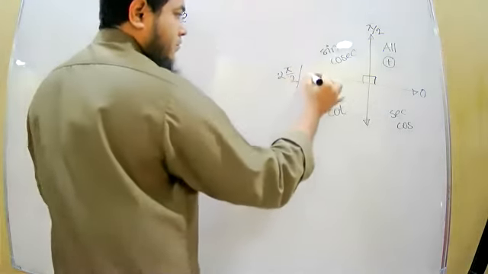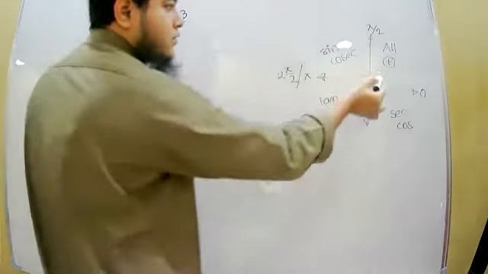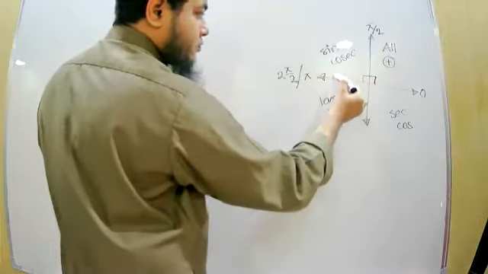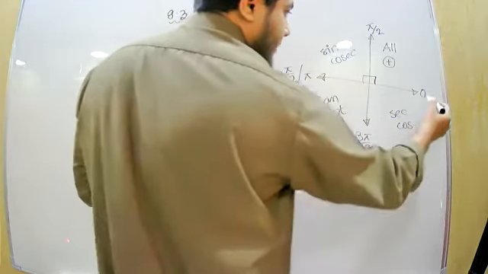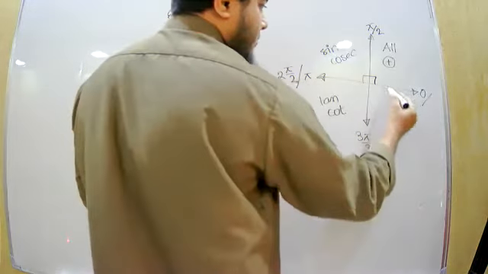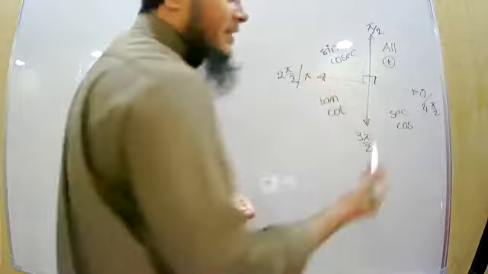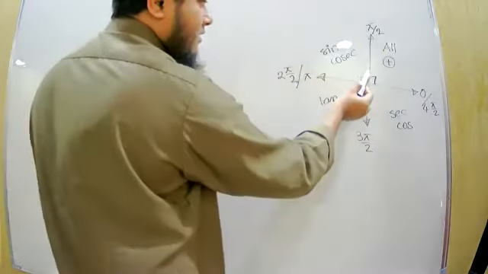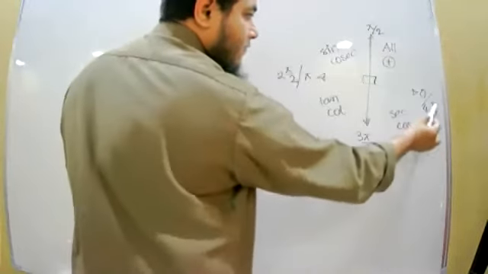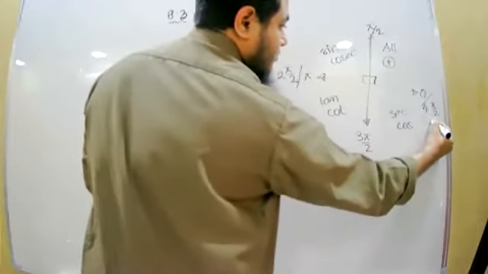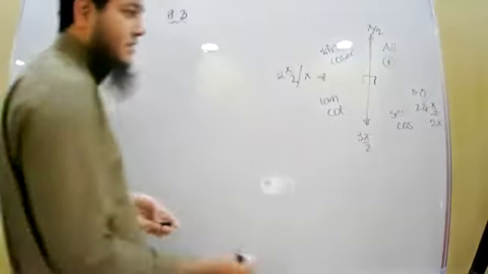Now 2 pi by 2 can be written as pi only because the 2 and 2 cancel each other. So 1 pi by 2, 2 pi by 2, then 3 pi by 2, and the last one will be 4 pi by 2. Pi by 2 means 90 degree, that means a right angle. So 1 right angle, 2 right angle, 3 right angle, and 4 right angle. These 4 right angles can also be written as 2 pi, because 2 and 4 can be cancelled like this.